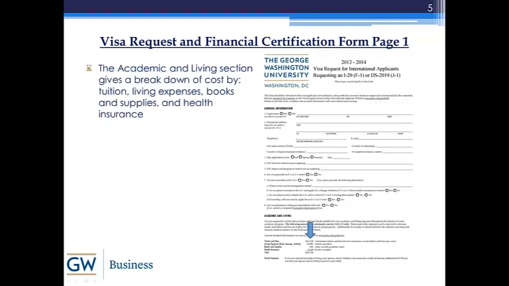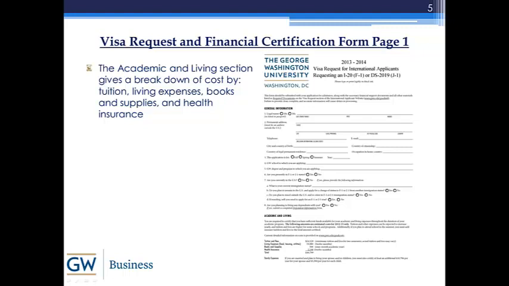The academic living section of the visa request form is the area you must pay careful attention to. This area indicates the total cost of attendance for the School of Business. It breaks down the cost of attendance by the cost of tuition, the estimated cost of living, the estimated cost of books, and the cost of health insurance.